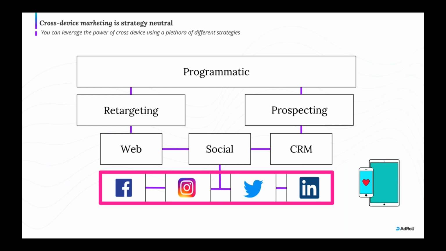One thing I really wanted to hit on here is the social media aspect of cross-device and mobile marketing. I think a lot of customers that we have are unsure of how they can change their ads or optimize their ads to make sure that they're really resonating with users on mobile devices as well as desktop. And one thing that I think is the easiest way to do this is to employ a vendor that can serve ads both on web but also on social media.